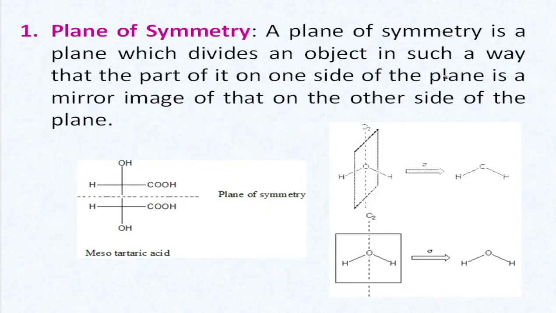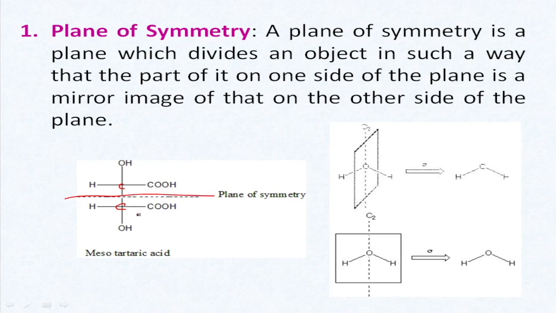Plane of symmetry compound. A plane of symmetry in a molecule, for example tartaric acid: OH, OH, C, C, CHOH, CHOH, COOH. Now if we divide the molecule in half, one half is equal to the other half.